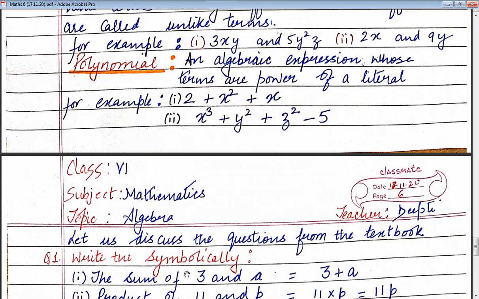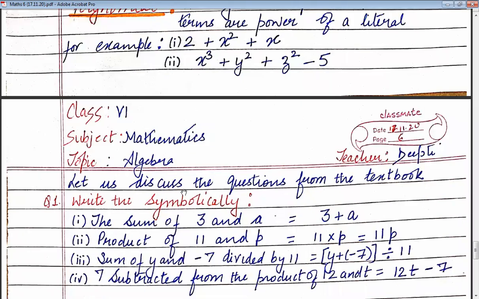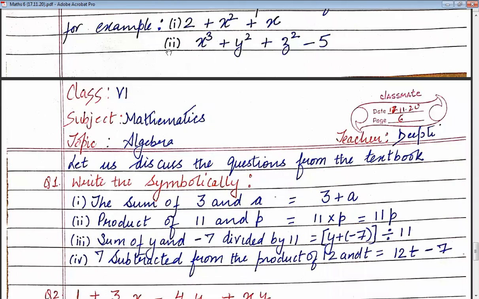First one, the sum of 3 and a. You just have to do addition. What is the sum of 3 and a? Simple. 3 plus a. Let us discuss the next one.